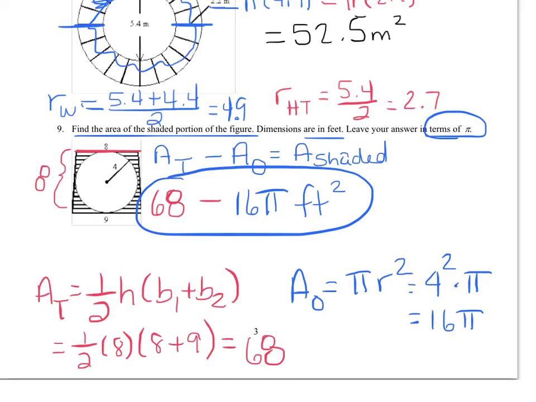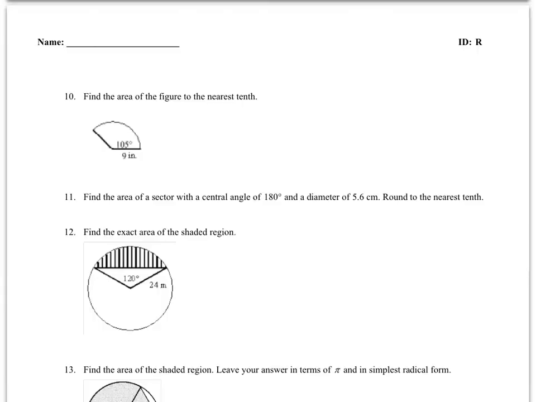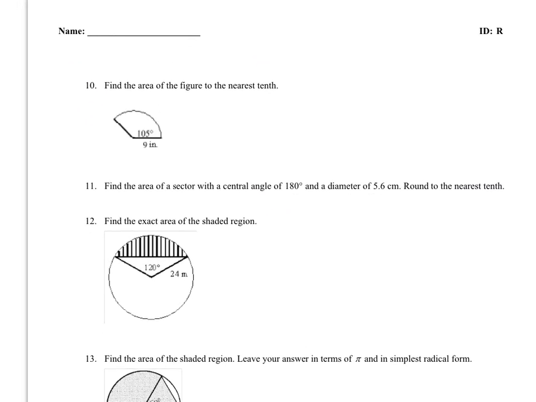Okay, moving on to the next page. Number 10 says find the area of the figure to the nearest tenth. Oh, let me grab the pen. We're talking about area, so now we have to use the area formula.